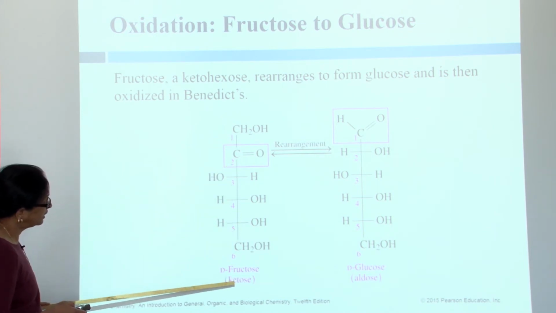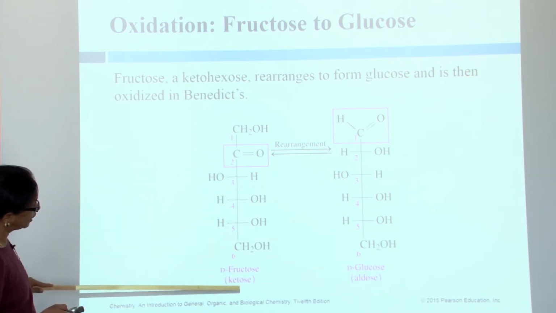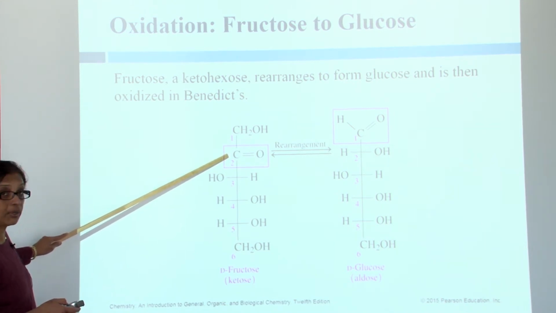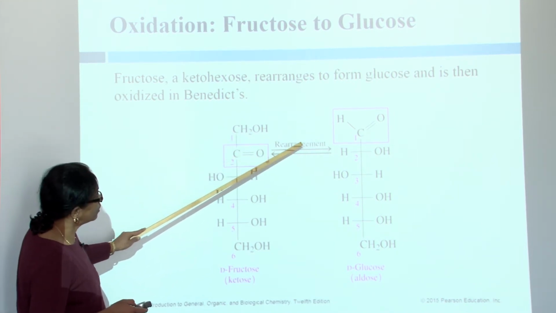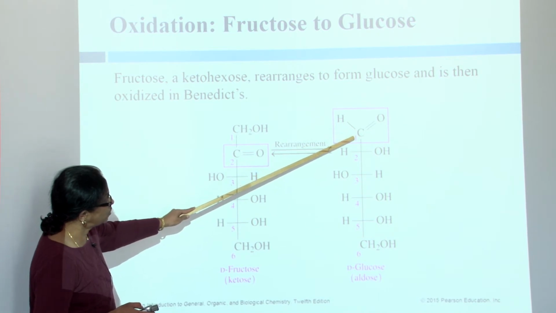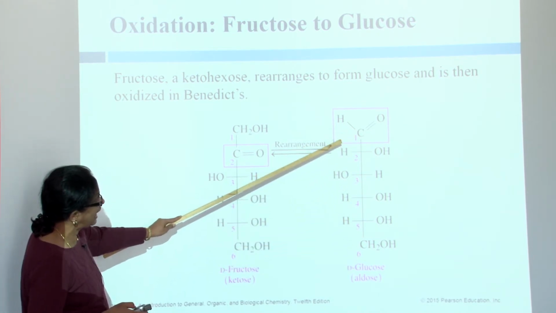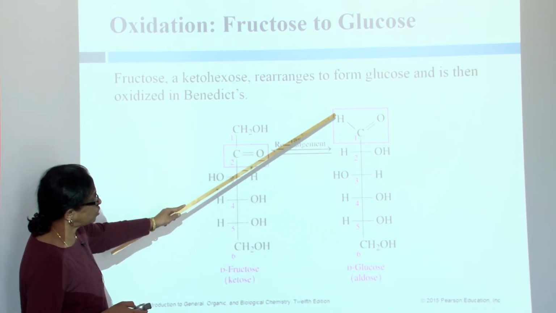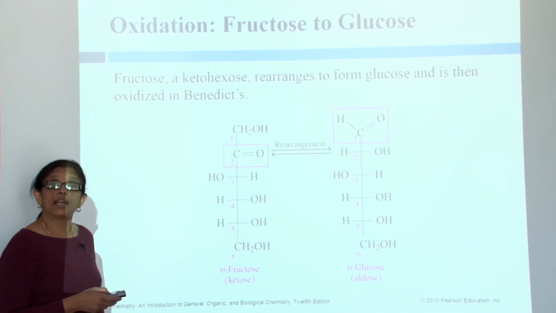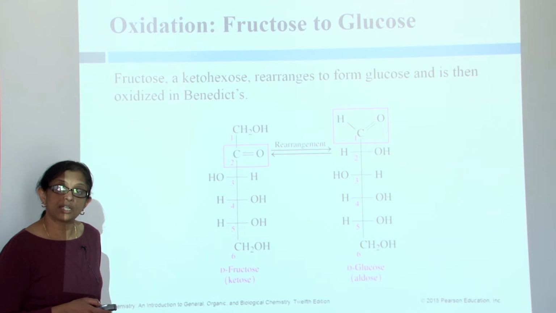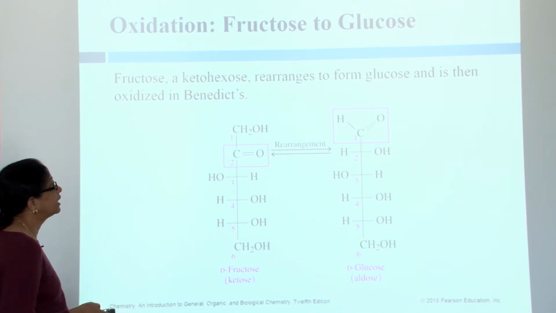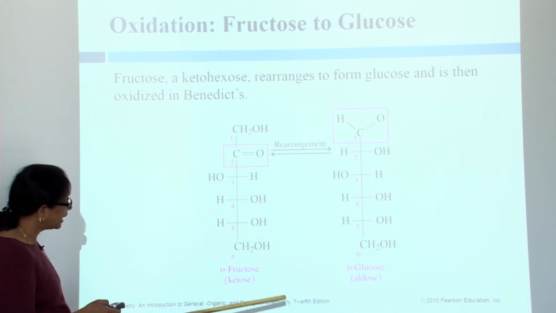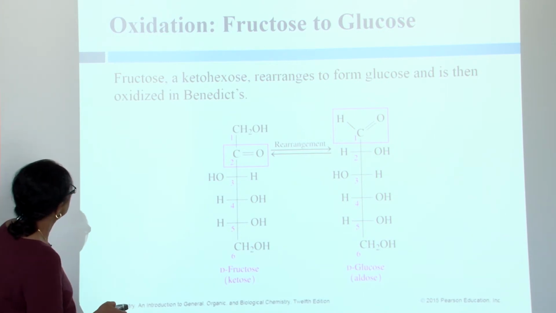You see this is a fructose molecule with the carbonyl on carbon number 2. It undergoes rearrangement into a glucose structure with the aldehyde on carbon 1, and this open structure will then undergo oxidation in Benedict solution, reducing copper 2 positive to copper 1 positive, again acting as a reducing sugar.